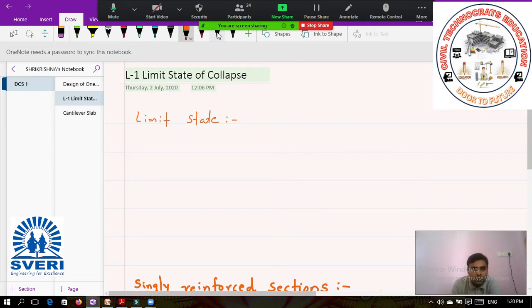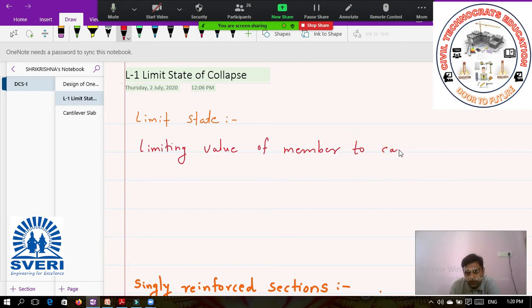Limit state is nothing but the limiting value of member to carry stresses. This is the limiting value of member to carry stresses. That is the meaning of this limit state method.